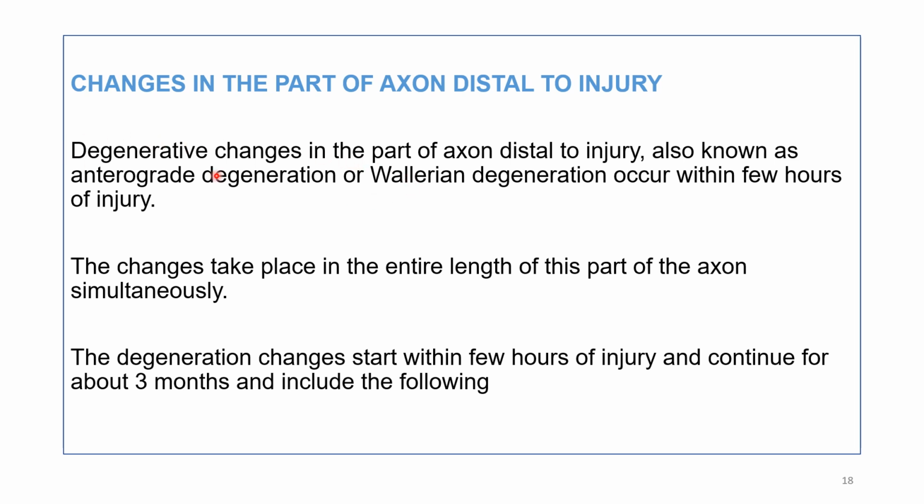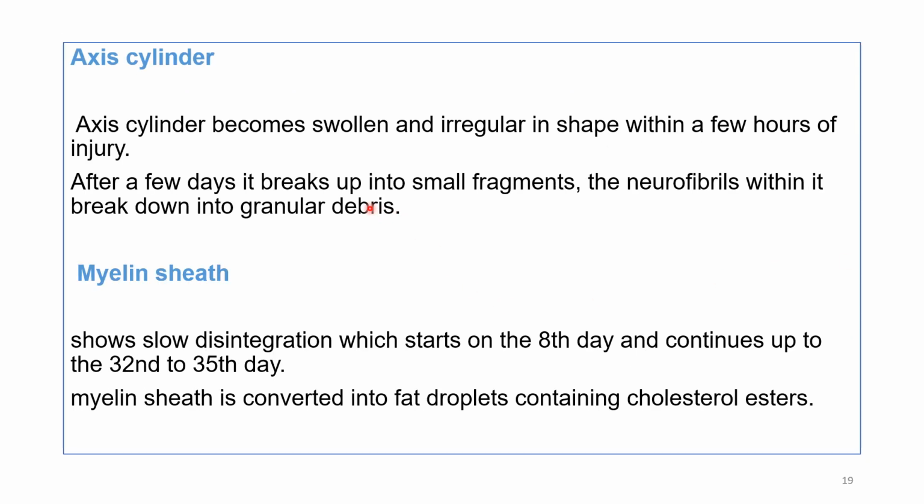The degenerative changes will start within a few hours after injury, and these changes will take place simultaneously in the entire length of the axon. They start within a few hours of the injury and may continue up to 3 months. And they will include the following.